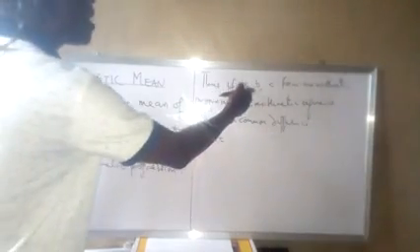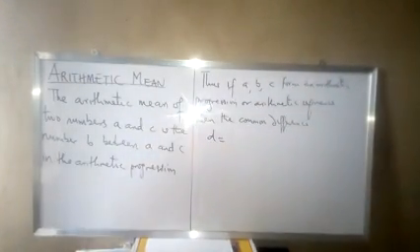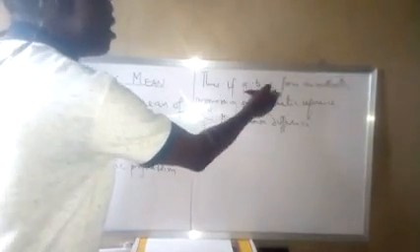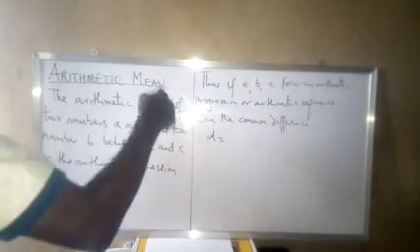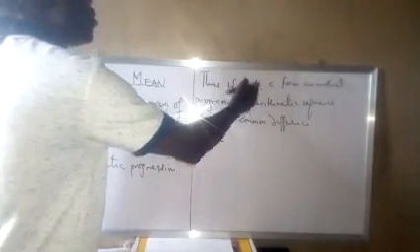Now, if A, B, C form an arithmetic sequence, the common difference will be B minus A or C minus B. You subtract the preceding term from the succeeding one.